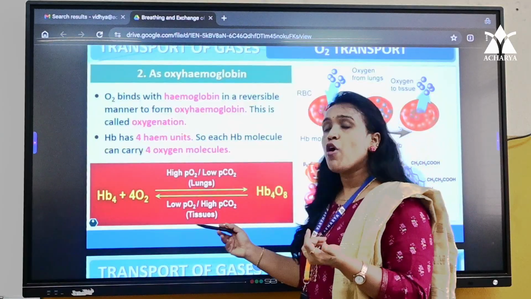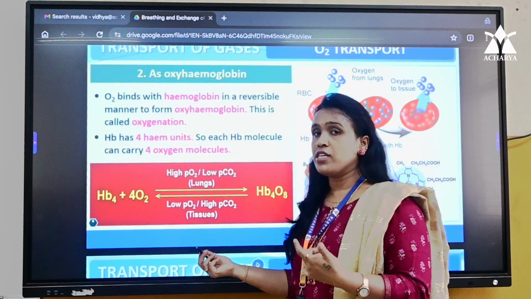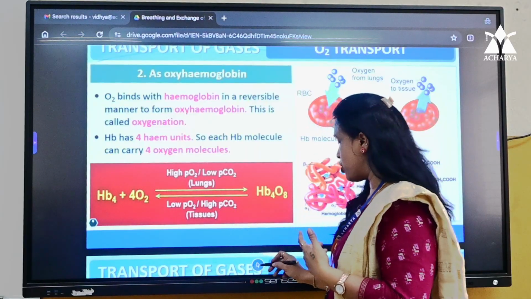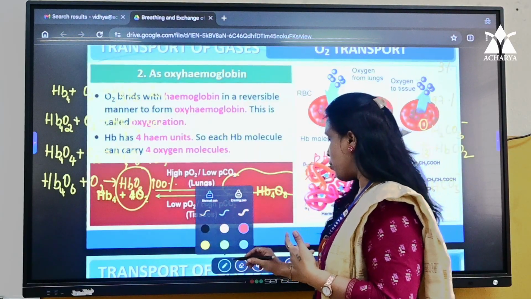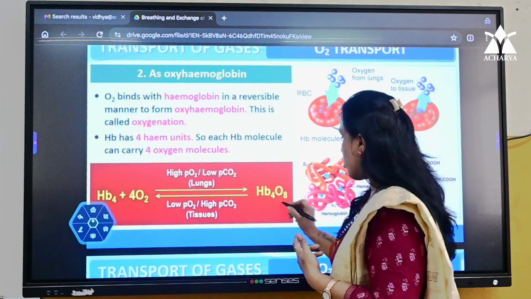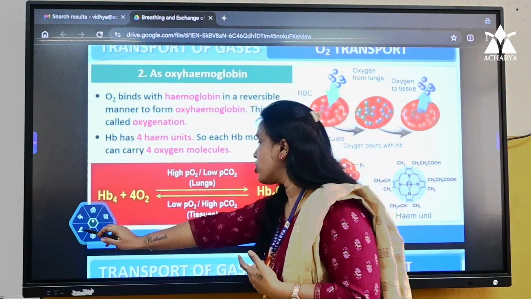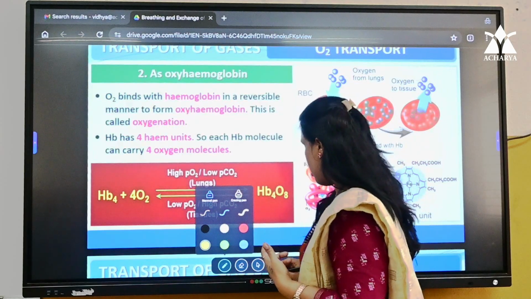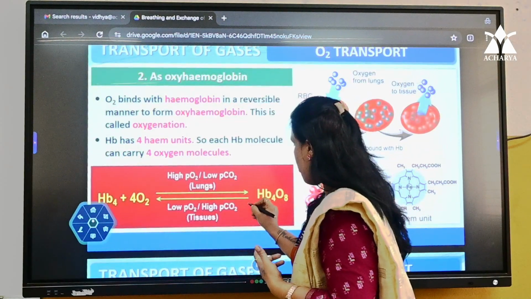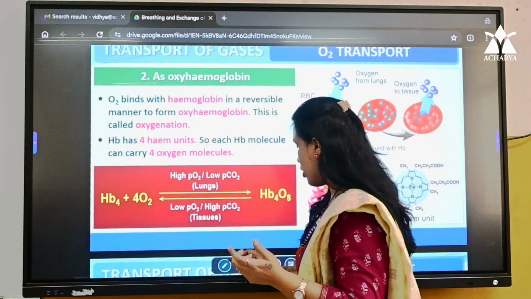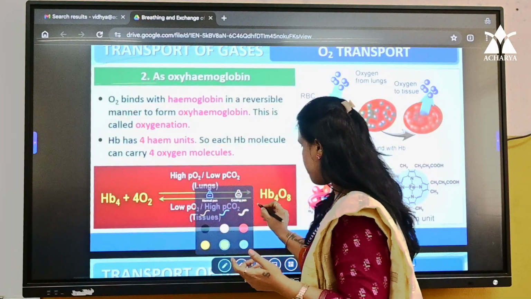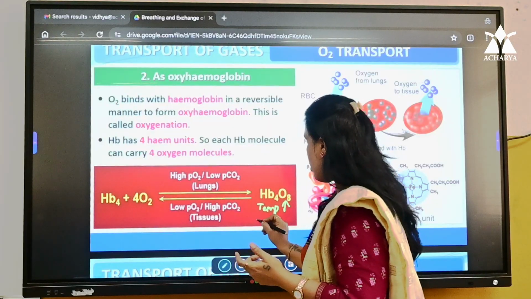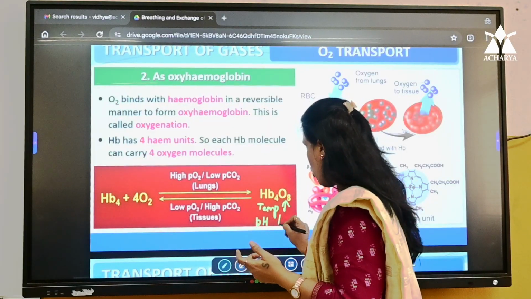The same oxyhemoglobin will reach the tissues, and at the tissues the carbon dioxide concentration will be more. When carbon dioxide concentration is more, it is also seen that temperature will be more and H+ concentration will be more.